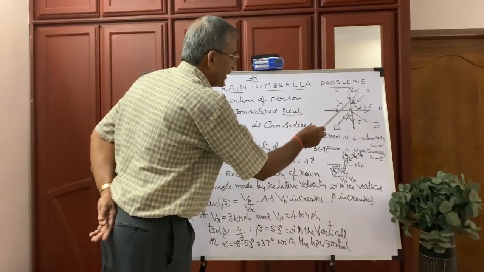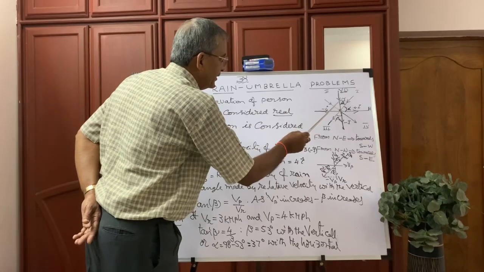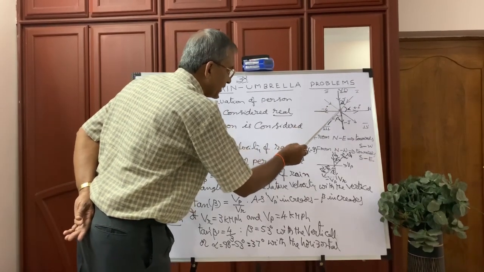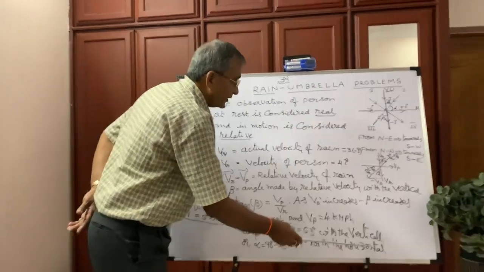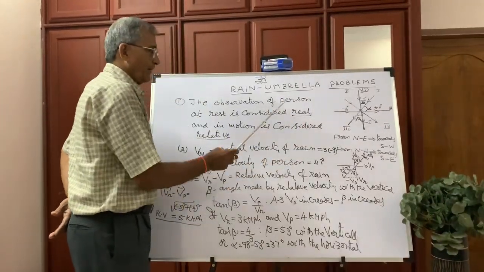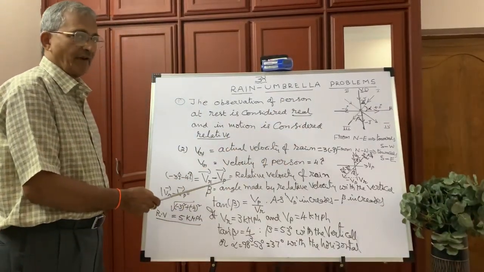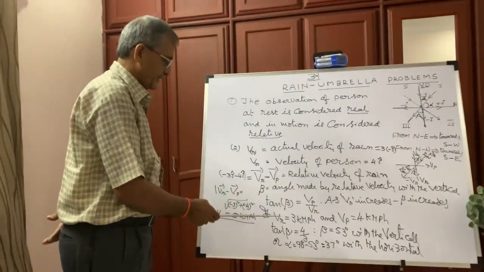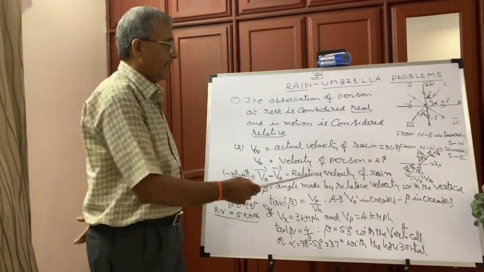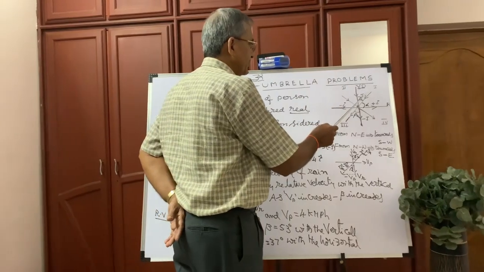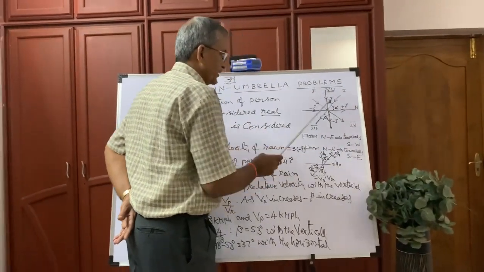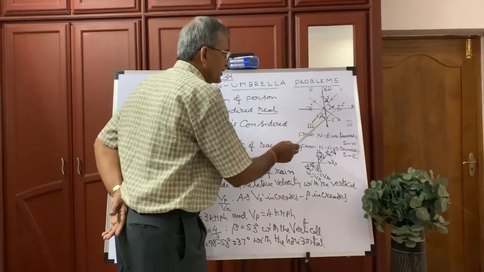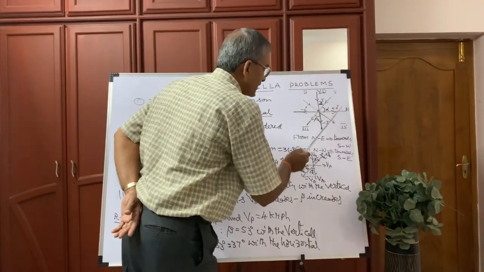So the relative direction of rain makes an angle of 53 degrees with the vertical or 37 degrees with the horizontal. So, ultimately, the relative velocity of rain with respect to person is 5 kmph at an angle of 53 degrees with the vertical in the direction against the direction of motion, or 37 degrees with the horizontal against the direction of motion.